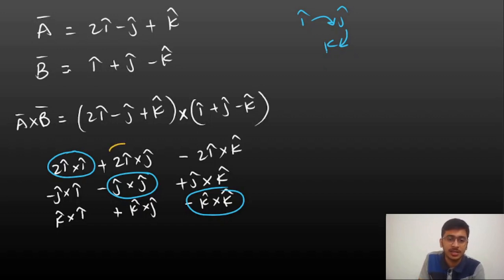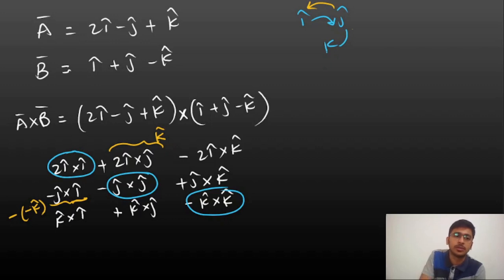So this becomes k cap. But then this becomes minus of minus k cap, because j cross i is also minus k cap, correct? Because we are going in the reverse direction, so it gives us minus k, because we are not going in the preferred direction.